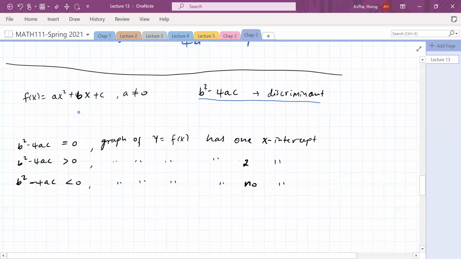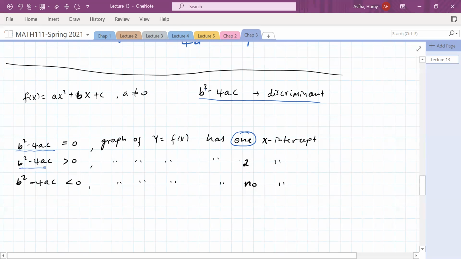So it's the same idea. Therefore, if the discriminant is 0, then the graph will have only one x-intercept, which means the graph of f of x will touch the x-axis at only one point.